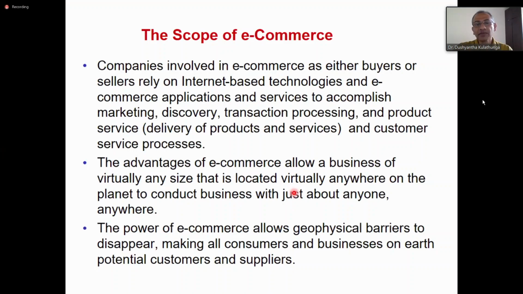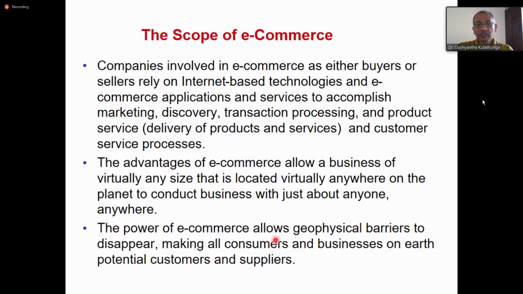The customer can be anywhere on the planet, anywhere in the world, and can be reached by an organization by being present on the internet through a website.